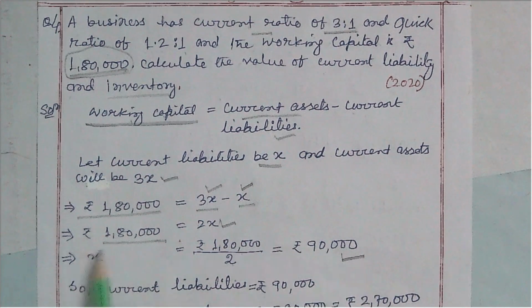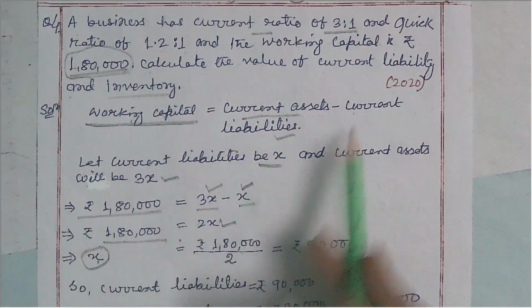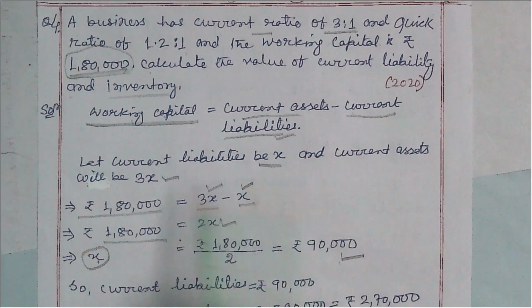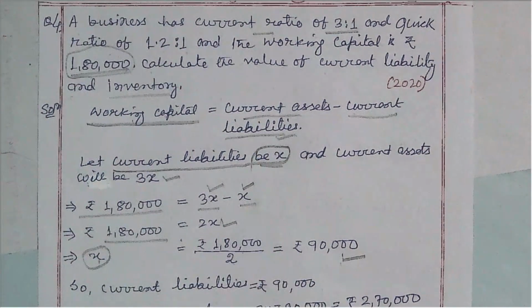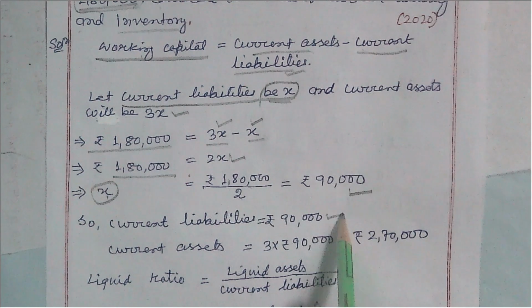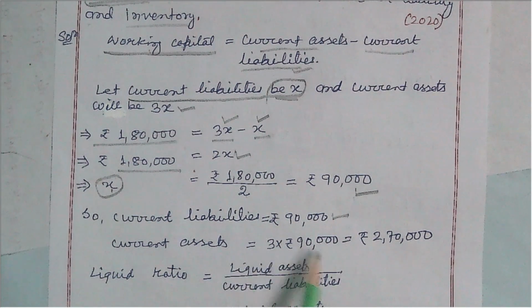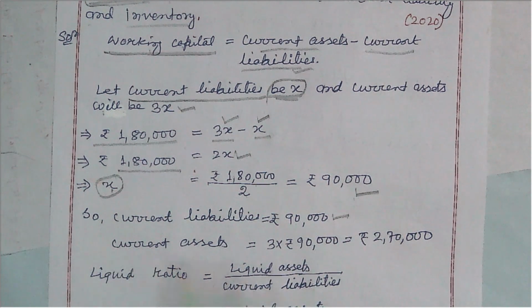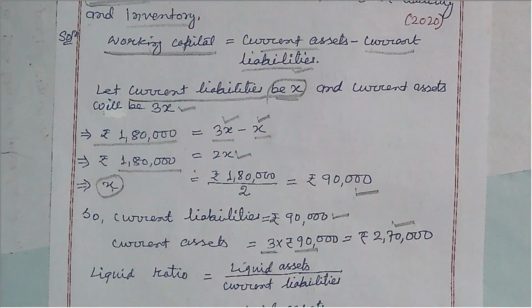Here x is current liabilities, which we assumed. Now, with current liabilities of rupees 90,000, current assets are obviously 3 times current liabilities. So 3 into 90,000 is rupees 2,70,000.